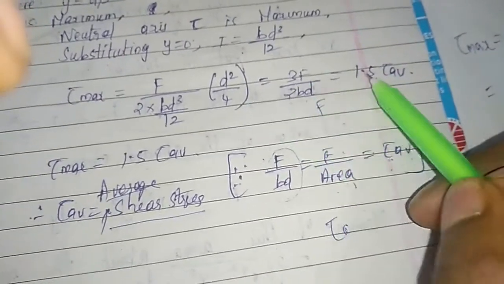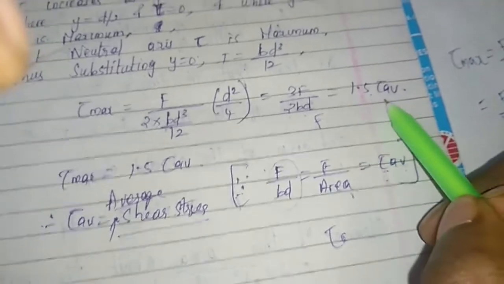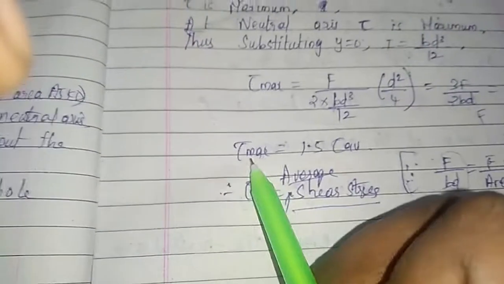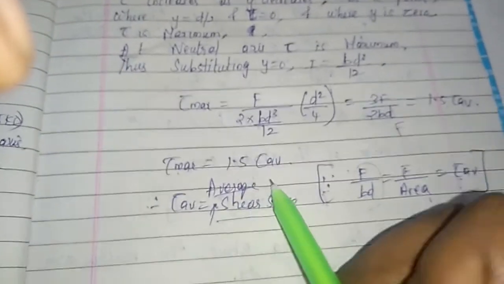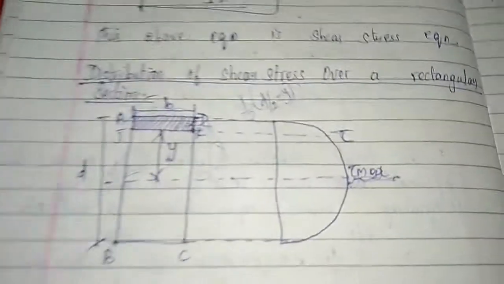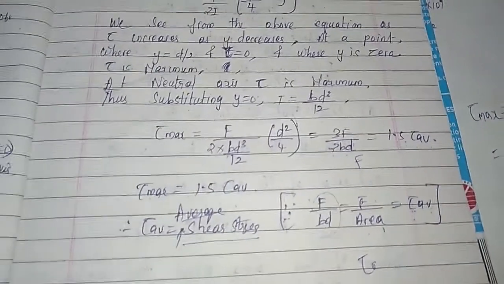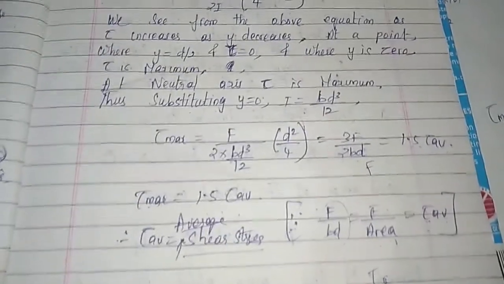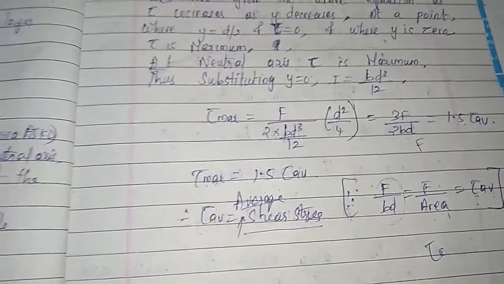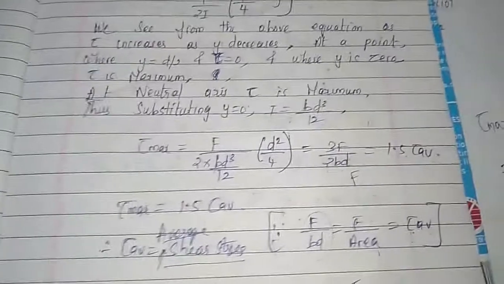So 3 by 2 is 1.5, so 1.5 tau AB. So maximum shear stress is nothing but 1.5 into average shear stress for your rectangular section. So this is the distribution of shear stress over a rectangular section. You understand, right, how to derive it? So your maximum shear stress is nothing but 1.5 into average shear stress.